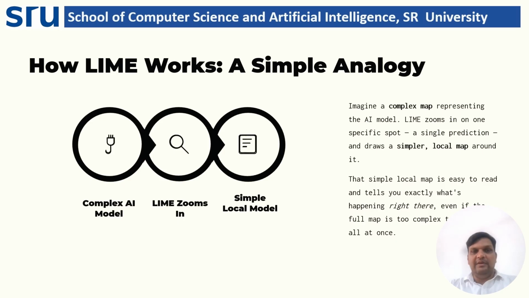What LIME does here is zoom in on one specific spot, a single prediction, and draw a simpler local map around it. The simple local map is easy to read and it tells you exactly what's happening right there, even if the full map is too complex.